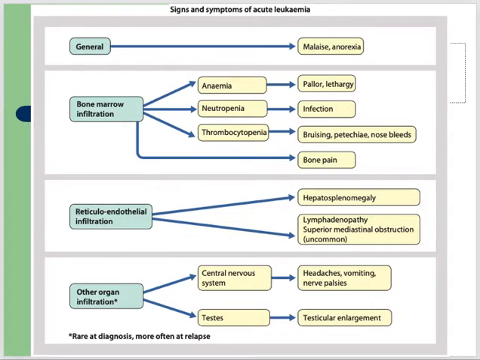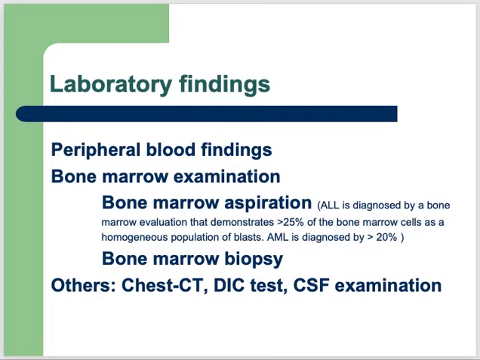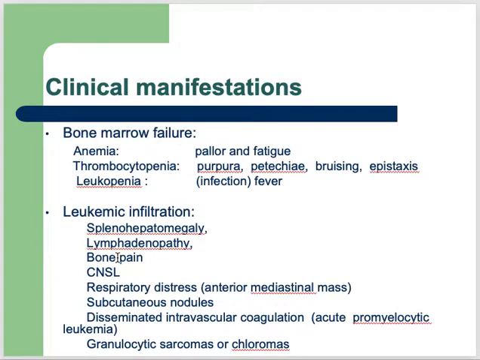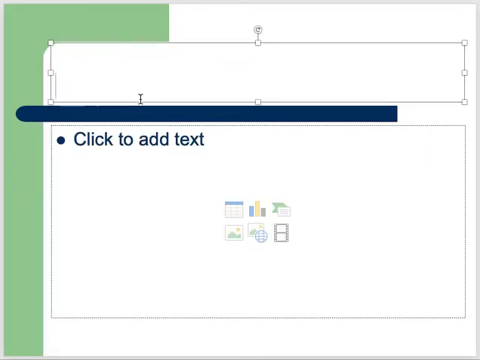And now the abnormal cells which are infiltrating the blood will lead to hyperleukocytosis, like too many cells in the blood, right? We call it hyperleukocytosis.